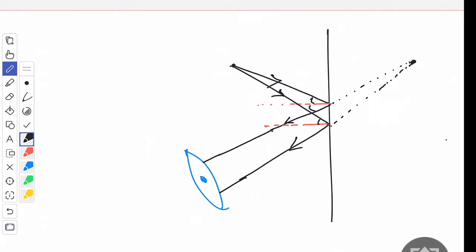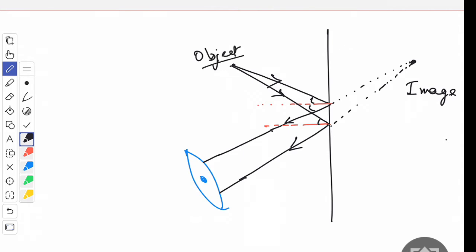Now as far as this eye is concerned, the object is here, but the object is not here, the object is here. This looks exactly like the object, so we call this the image. So this is the image, and this is the object.